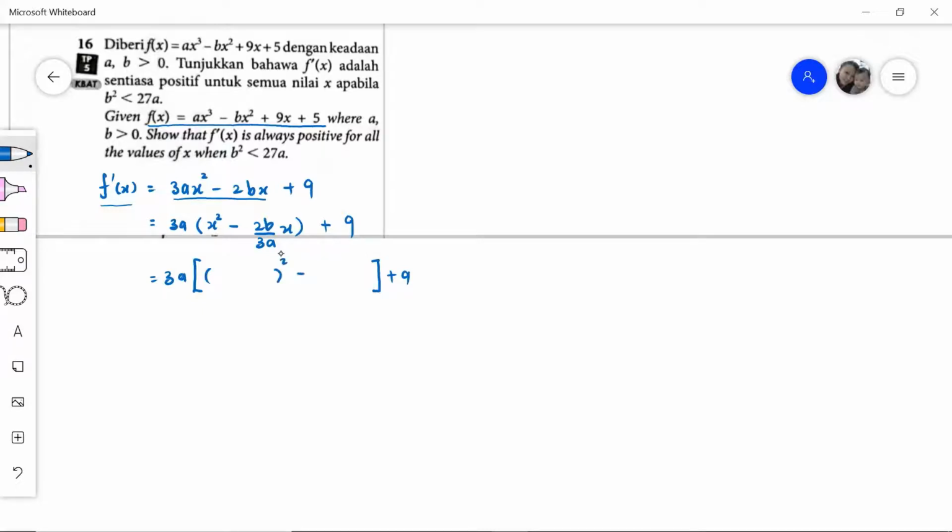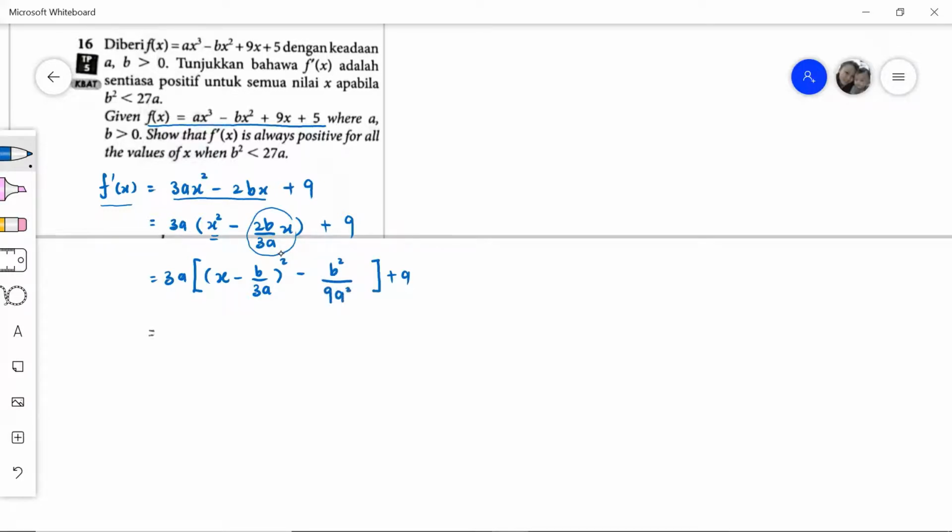The first term we divide by x. Then the second term we divide by 2x. So the 2 and x get away, and we're left with b over 3a, and then always minus the square of the second term, so minus b squared over 9a squared.